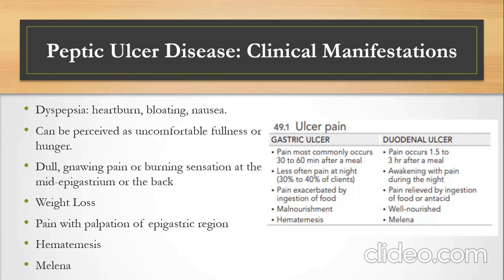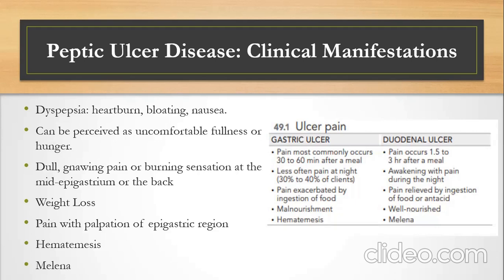The difference between a gastric stomach ulcer is the pain is exacerbated by eating. When you eat, it hurts. Versus a duodenal ulcer, pain is relieved with eating. When your stomach is empty, it hurts more.